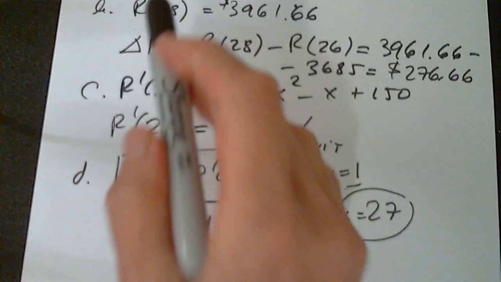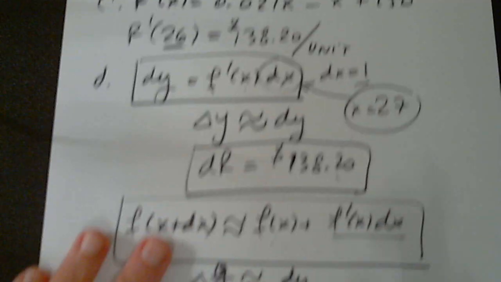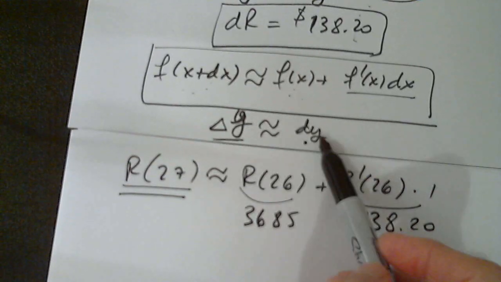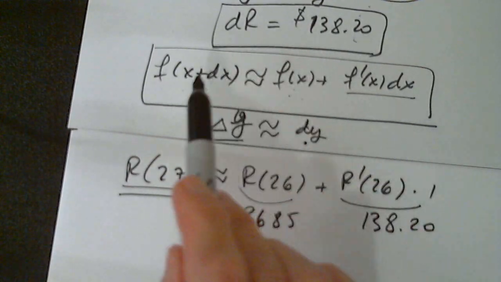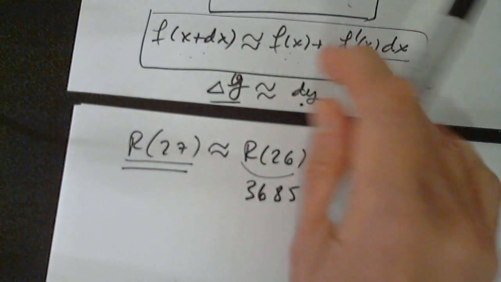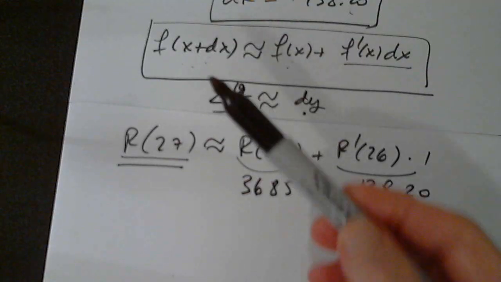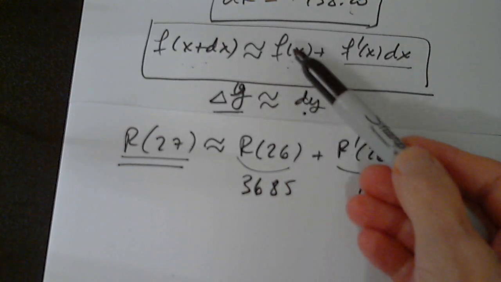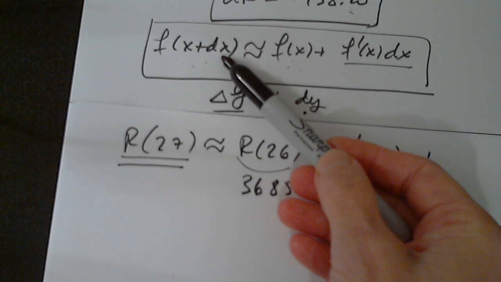It's because once they mentioned this, I realized that they were really interested not in estimating the difference, but estimating the revenue for 27. Fine, if that's what they want. So 26 plus 1 is the revenue for 26, and dx is 1.